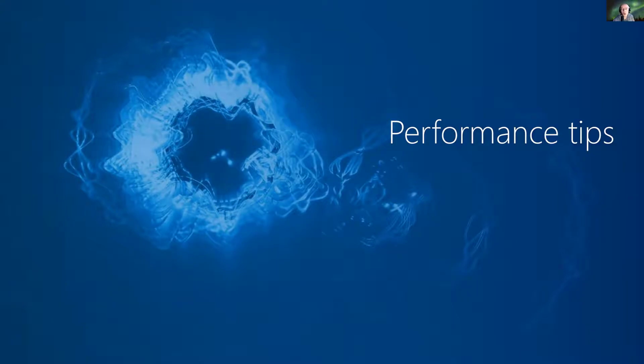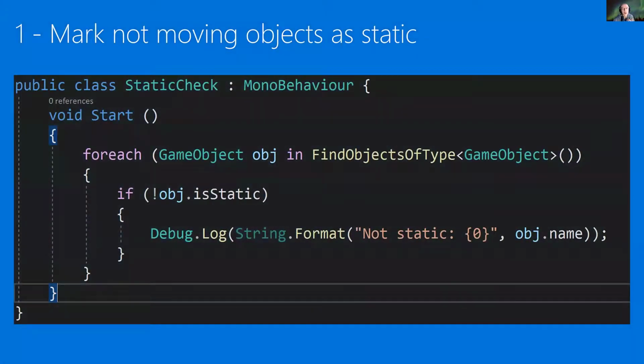So for optimizing performance, I found some techniques that can be useful. This is not an exhaustive list, but it is something that I found useful while developing my virtual reality experience. The first one is, if there is an object that is not moving, mark it as static, as this helps the batching and the rendering on the two screens of the objects.